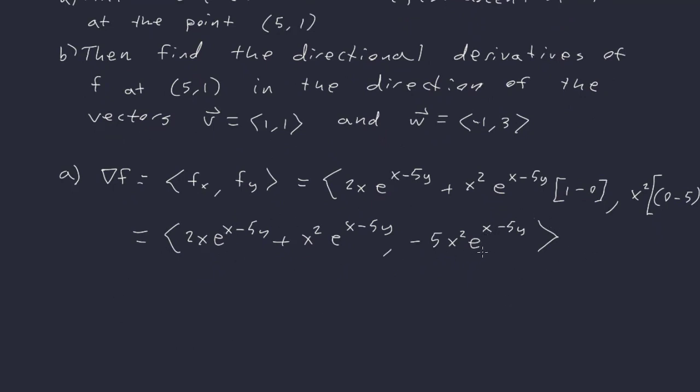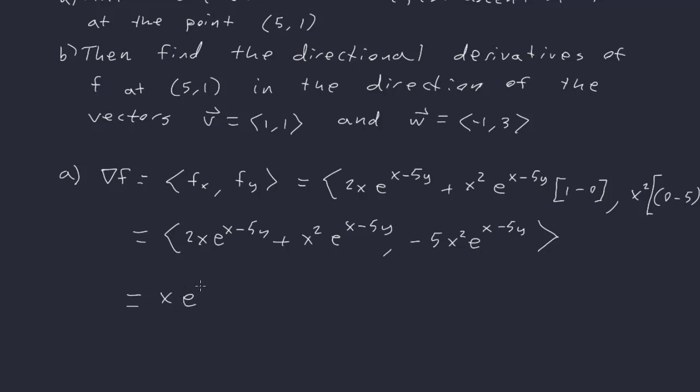So now, this looks kind of complicated, and I want to show you a trick that is actually really helpful. Notice how every term here has an e to the x minus 5y, and they all also share an x. We can actually factor all of this out of the vector itself.